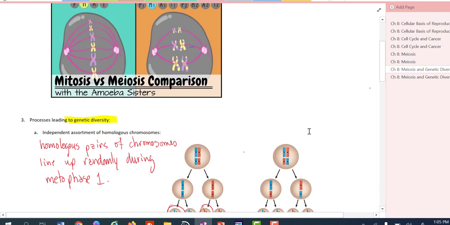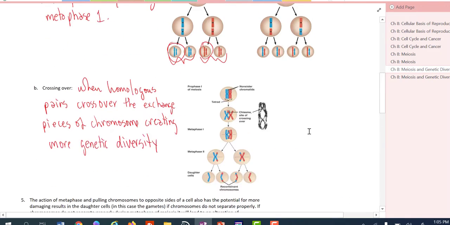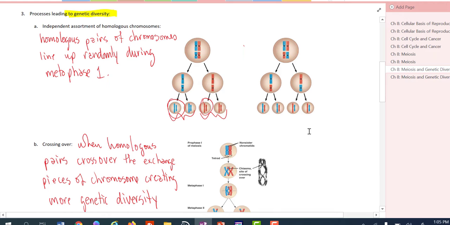So in terms of where we left off, during meiosis, because of the way in which chromosomes are lining up as these homologous pairs rather than single file, we get this genetic diversity.